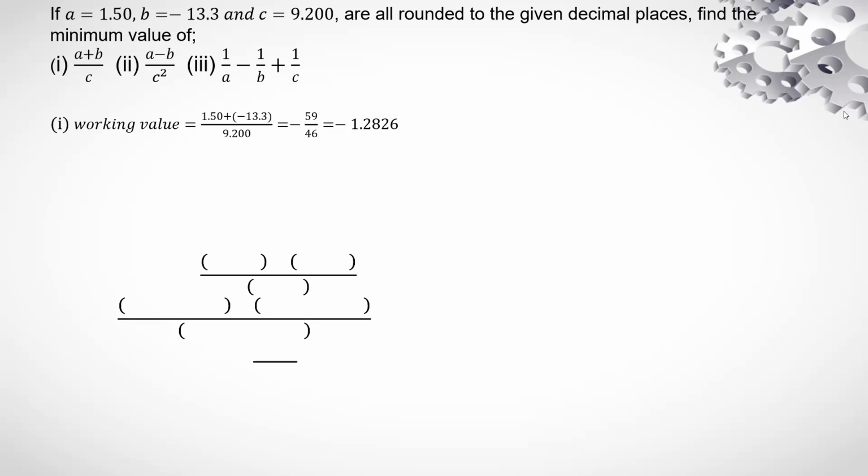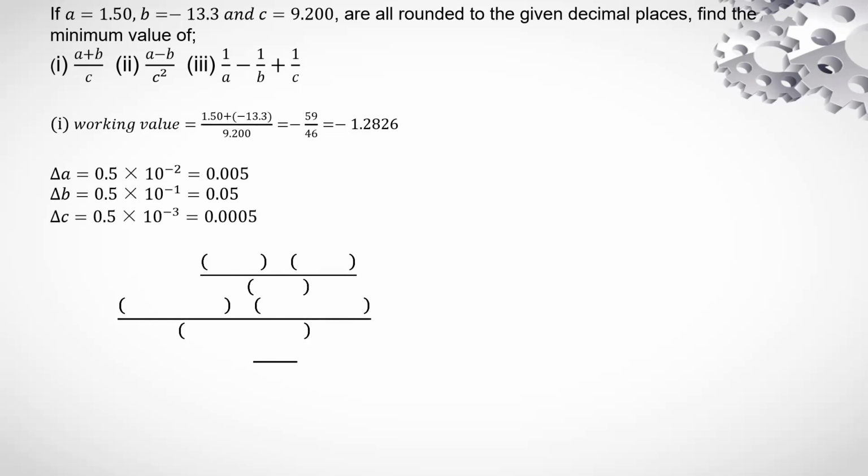If you obtain the minimum value, you're going to get something more negative than the working value. But if you obtain the maximum value, you're going to obtain something less negative than this working value. So that's why it's very important. Then you find the error bound in each of A, B, and C: delta A, delta B, and delta C.